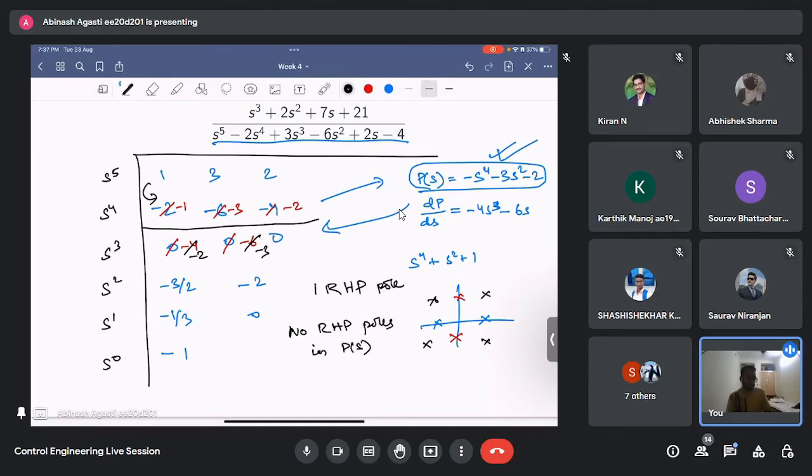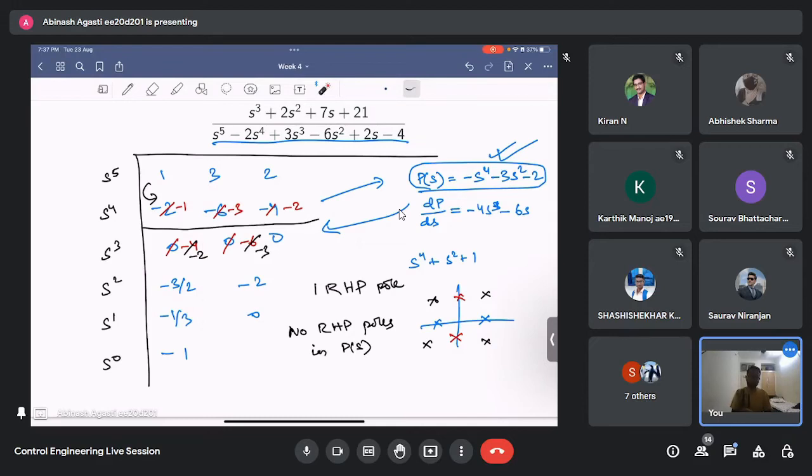But since we know that an even polynomial will arise only when poles are symmetrical about the j omega axis, this polynomial must have all the 4 roots on the j omega axis.